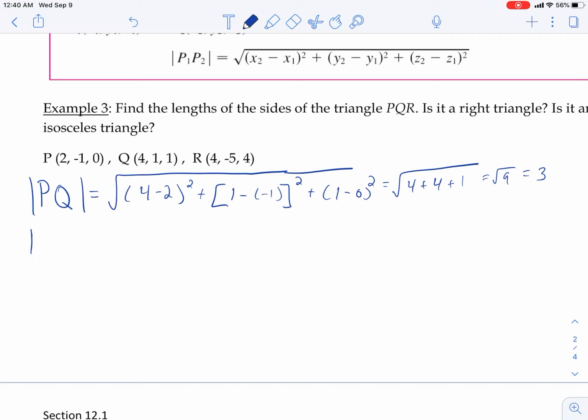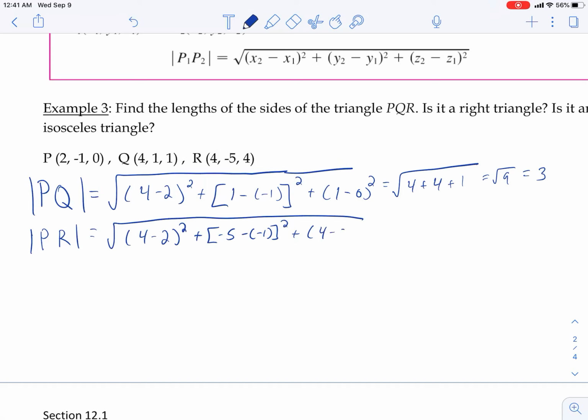So now let's find the distance between P and R. Again, just use the distance formula. 4 minus 2 squared plus negative 5 minus negative 1 squared, and then plus 4 minus 0 squared.